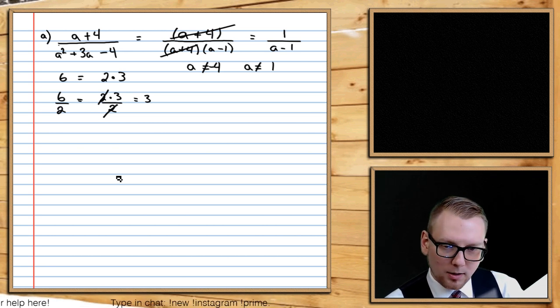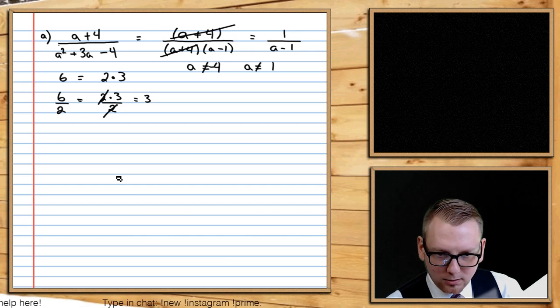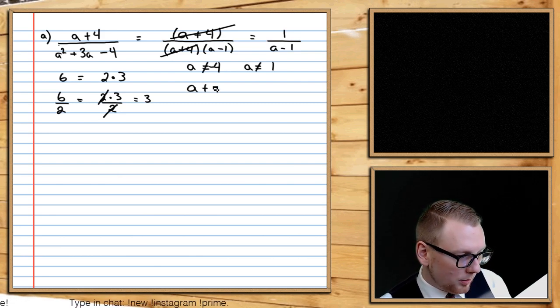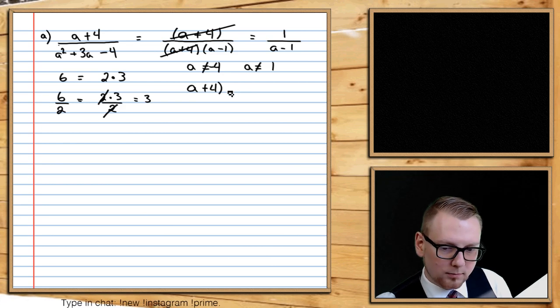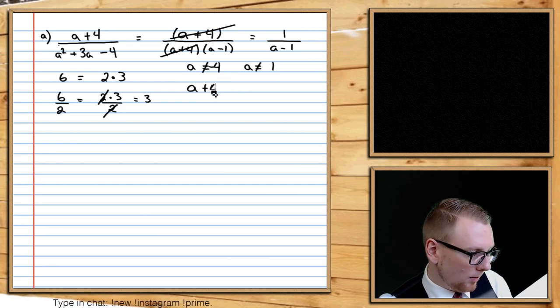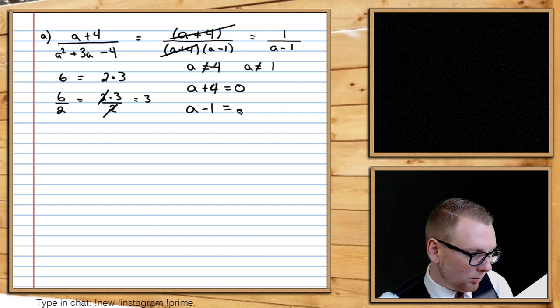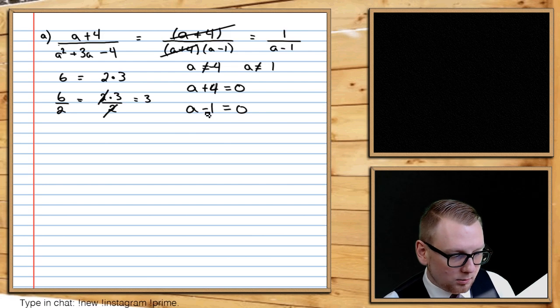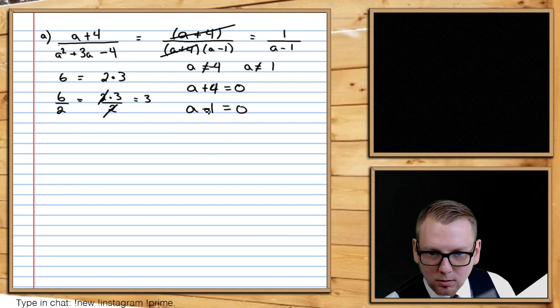So it's not that it can't be 0, it's just that the denominator can't be 0 itself. So you would set a plus 4 equal to 0, and you would set a minus 1 equal to 0. Because if a is 0, you still get a number on the bottom.